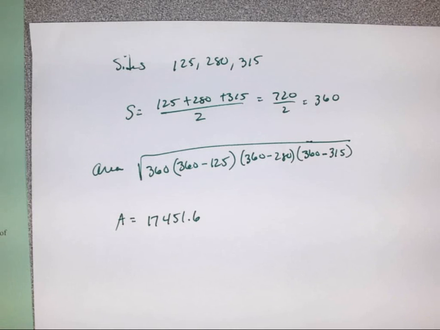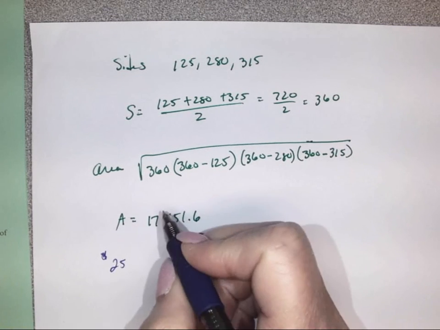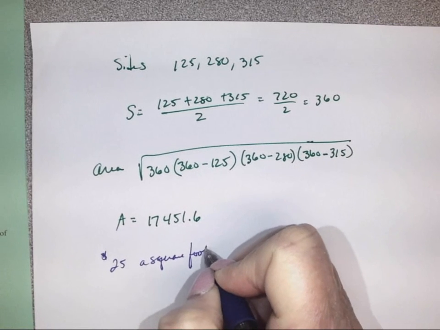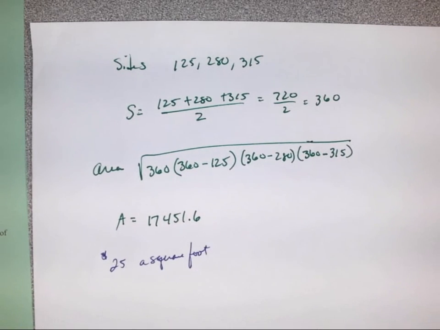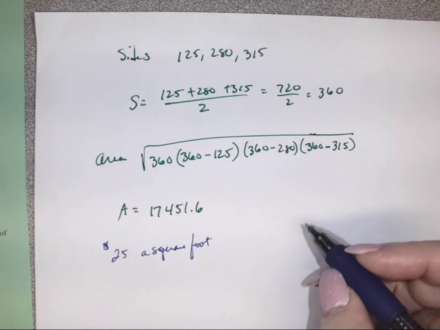So we found the area. Well, let's go a little bit further. Let's say that it is $25 a square foot. That's our area, and all we have to do is take that and multiply it.